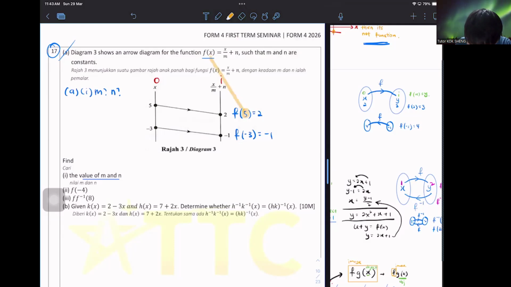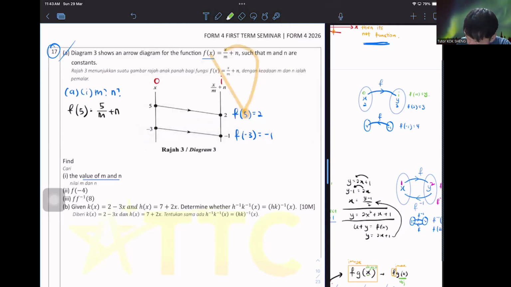Let's substitute the 5 first. 5 divided by m plus n. And then same thing again. After that, the image is 2, correct? So the whole f(5) is replaced with 2.